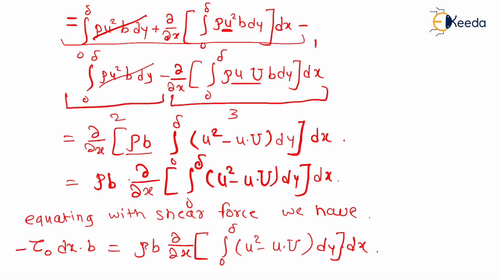This is on the negative side, so that can be equal to ∂/∂x integral 0 to del u minus u square. I am considering this negative sign by changing the two terms, that is this one and this one.